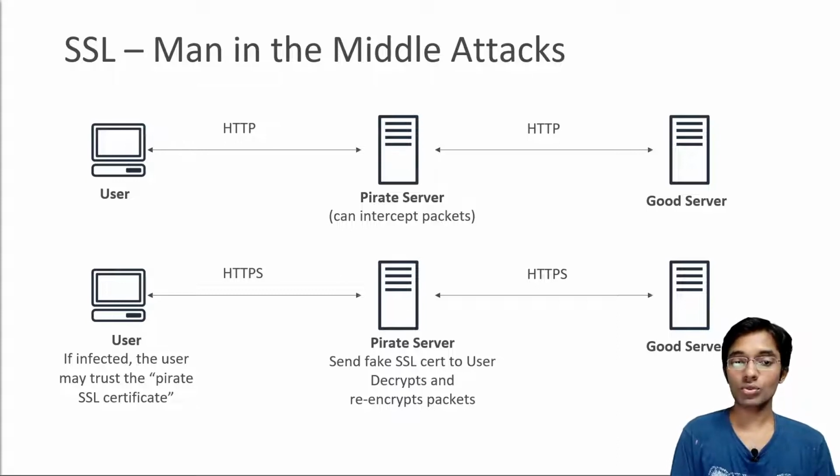If the user is not infected, it's going to detect it's a fake SSL certificate and not react to it, and just say, okay, I am not communicating with that pirate server. But in case the pirate server did manage to get onto the user's machine and make the pirate certificate trusted by the user, then the user will say, oh, this looks like a certificate that I trust, and the pirate server has successfully done a man-in-the-middle attack.